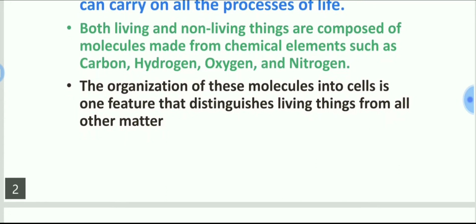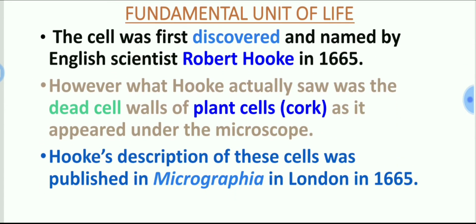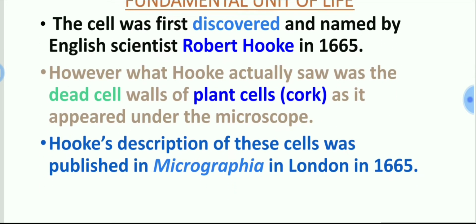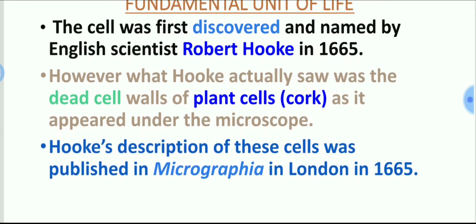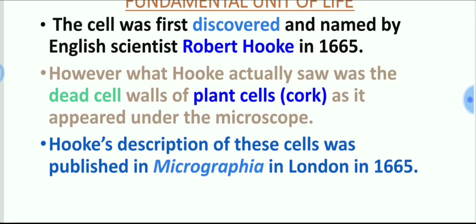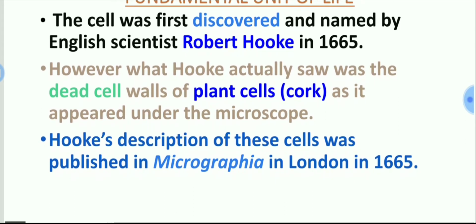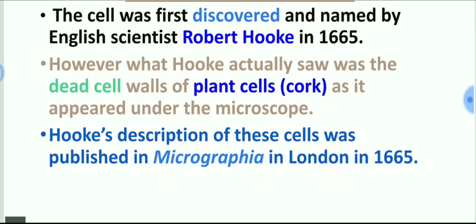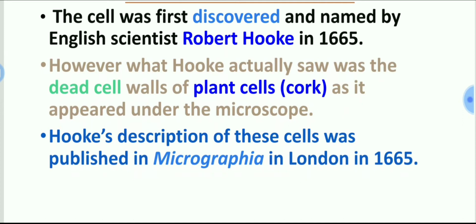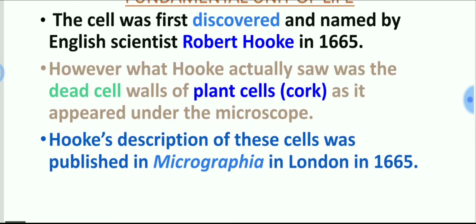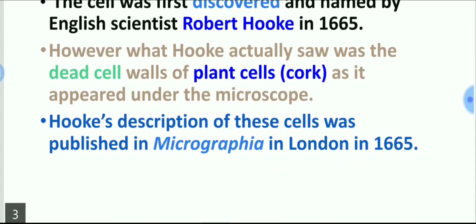Okay. Now the cell was first discovered and named by the English scientist Robert Hooke in 1665. However, what Hooke actually showed was the dead cell wall of plant cell, that is cork, as it appeared under the microscope.